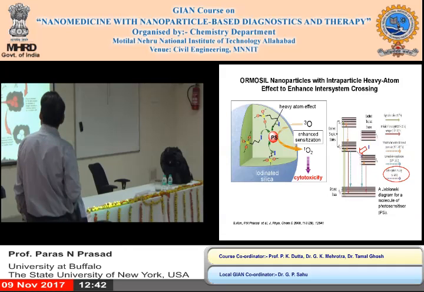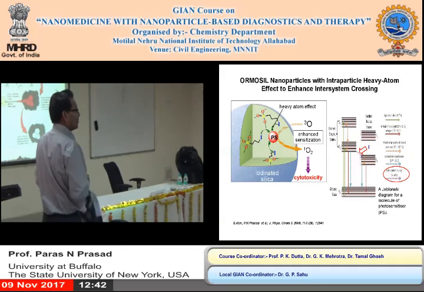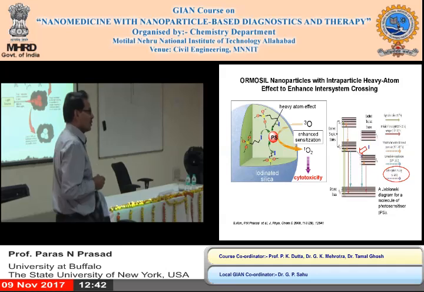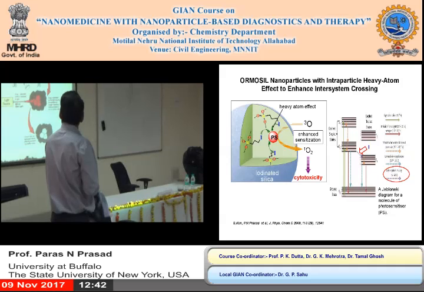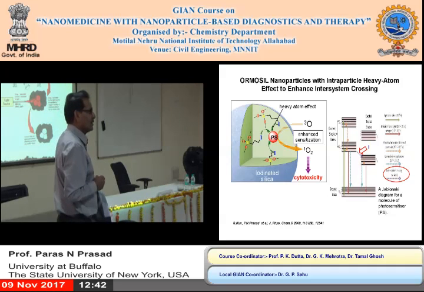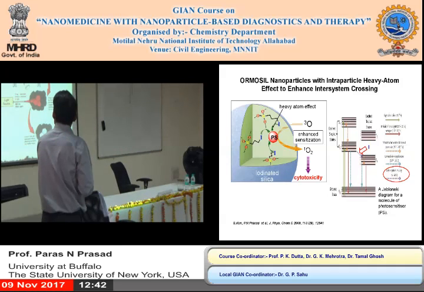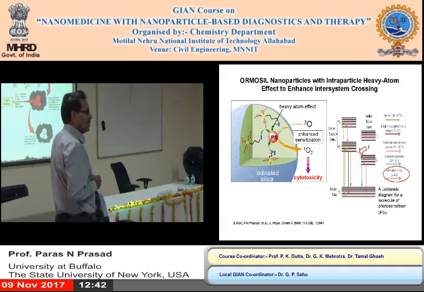You want it to cross to triplet, so there is a large population of triplet state. So you want to enhance intersystem crossing. Third, you want to enhance the process of energy transfer to oxygen. Even if you generate a lot of triplet, if the triplet lifetime is very short, it may come down fast here and not transfer the energy to oxygen.